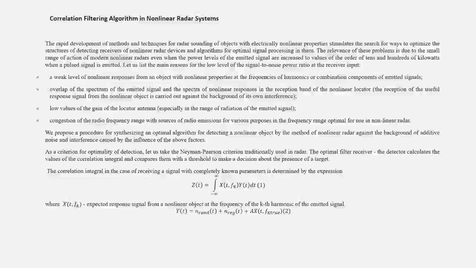The correlation integral in the case of receiving a signal with completely known parameters is determined by the next expression, where x is the component of the expected response signal from a nonlinear object at the frequency of the kth harmonic of the emitted signal.